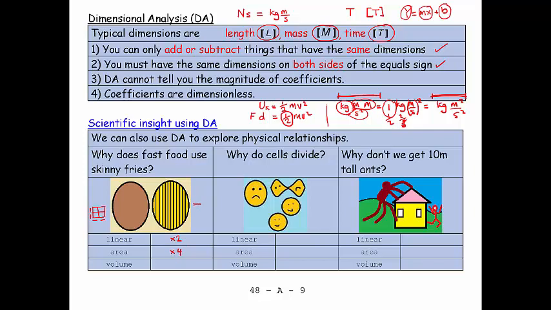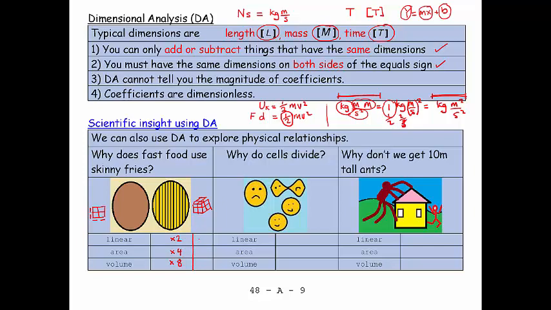And if I double the height, double the width, and double the depth, I have 1, 2, 3, 4, 5, 6, 7, 8. I have 8 times the volume. So if I double the linear dimension, I get 4 times the area, I get 8 times the volume.